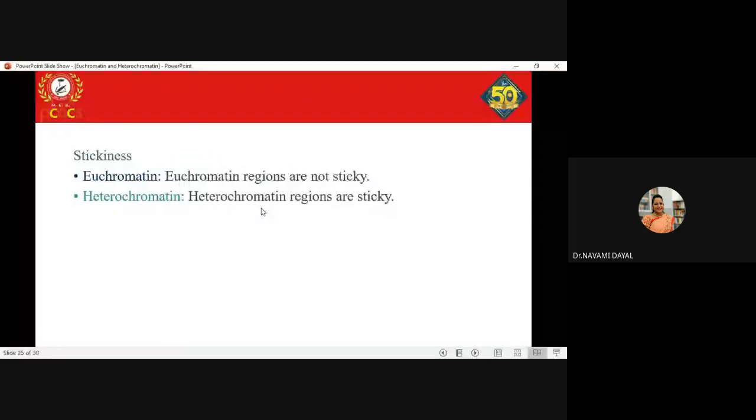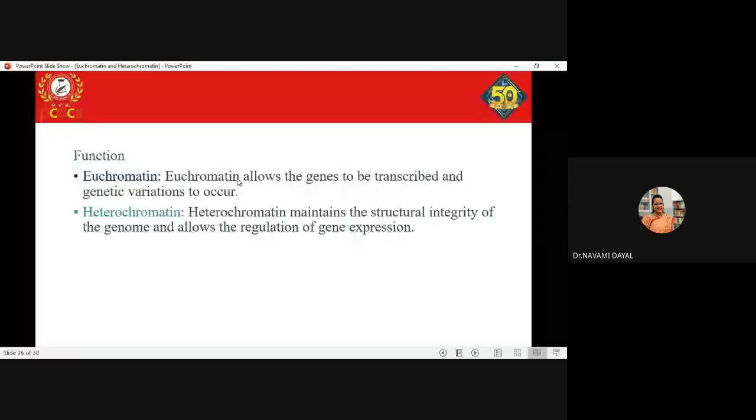Stickiness: the euchromatin regions are not sticky, and heterochromatin regions are sticky in the sense that when cut by endonucleases, euchromatin produces non-sticky ends and heterochromatin produces sticky ends.